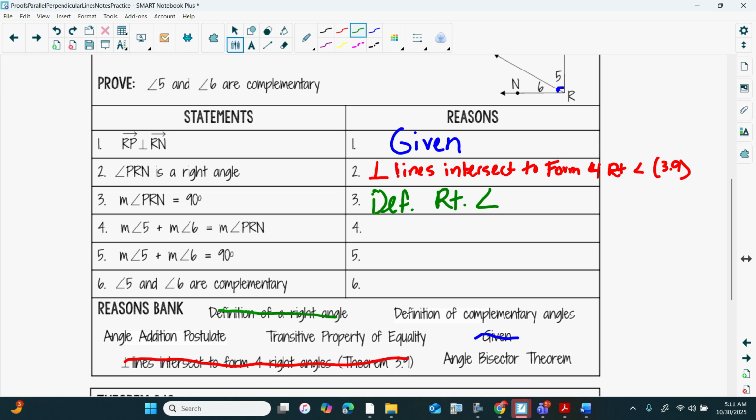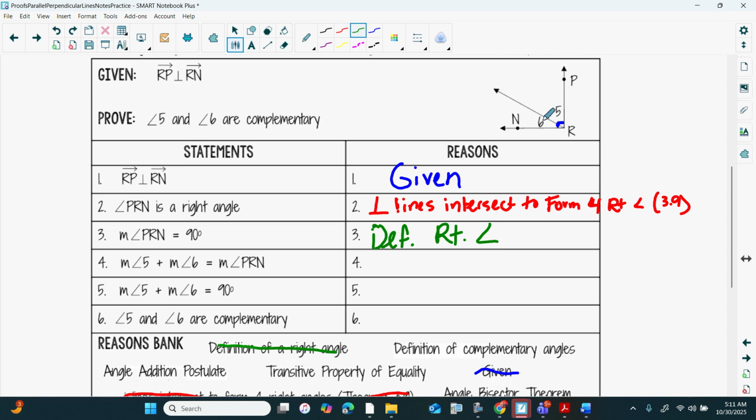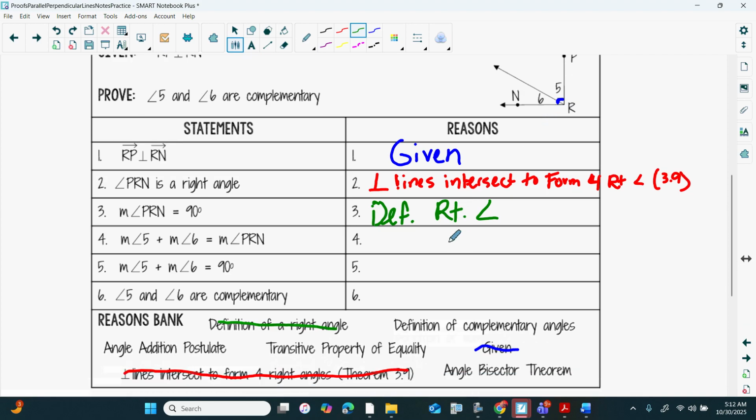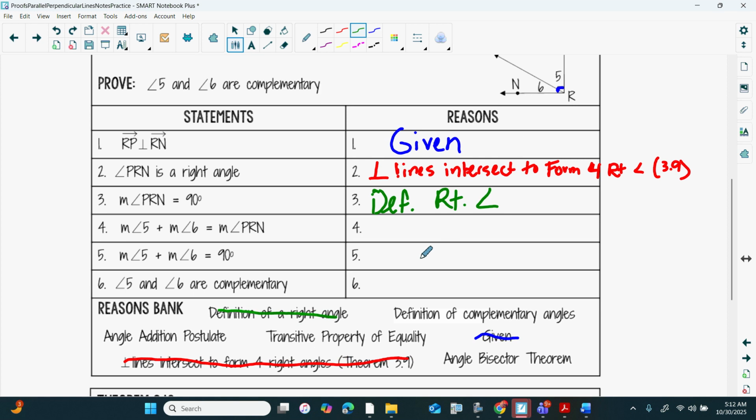All right, so now I'm looking at this diagram. We also have labeled angle 5 and 6, and we know PRN is a right angle. And we know 5 and 6 are adjacent inside of here. So I can say the measure of angle 5 and the measure of angle 6 is going to make up this angle PRN. Whenever I have adjacent angles side by side, we did this at the very beginning, we have what we call the angle addition postulate.